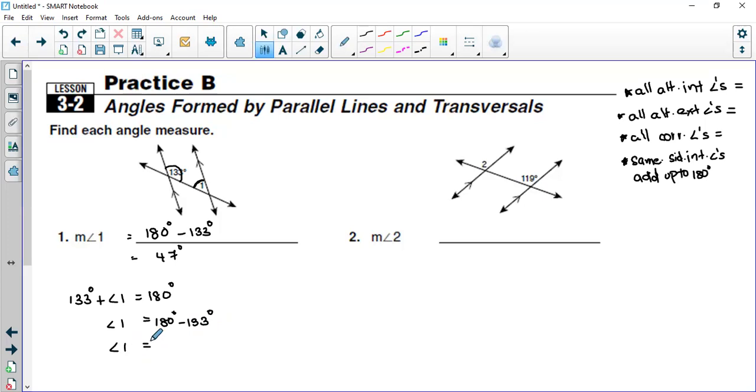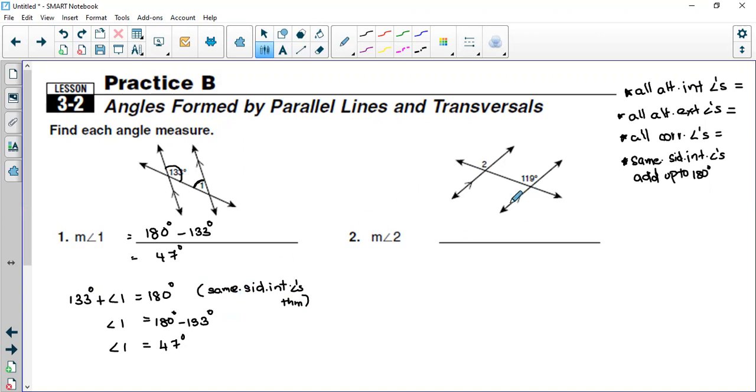So angle 1 is equal to 47 degrees. Now, what is the reason? Why are we saying 133 plus angle 1 equals 180 degrees? Because of the same-sided interior angles theorem. This is how you give proof of why we did this. So for proof, we have to give the name of a theorem which we learned.